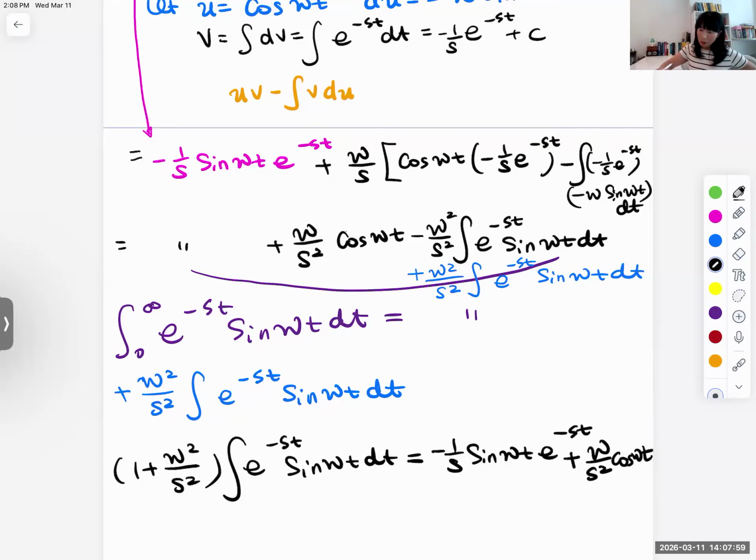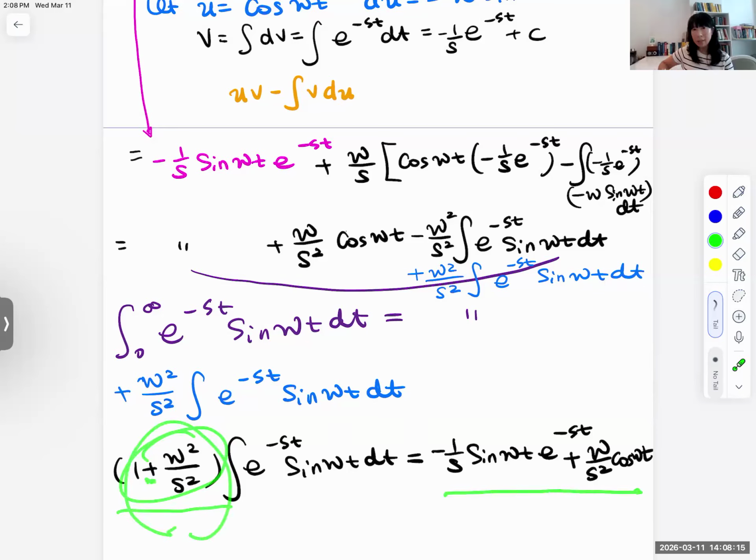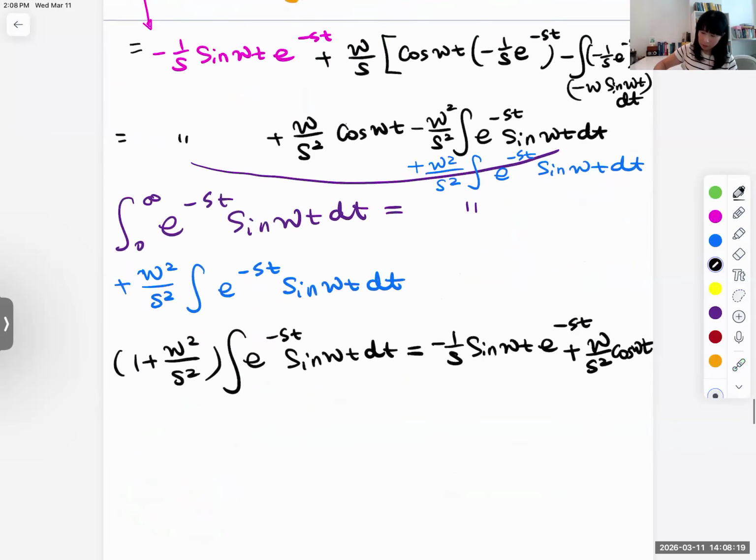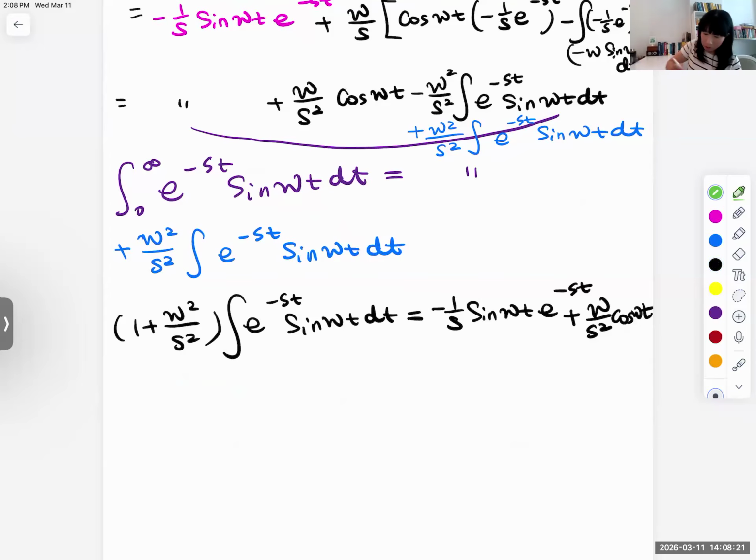Okay, now the question is, what is the integral of that, right? So we want to divide by this number. Since we do that, we do the other side, everything too, right? Okay, let us do this. So divide by 1 plus omega squared over s squared. So we do the other side too.